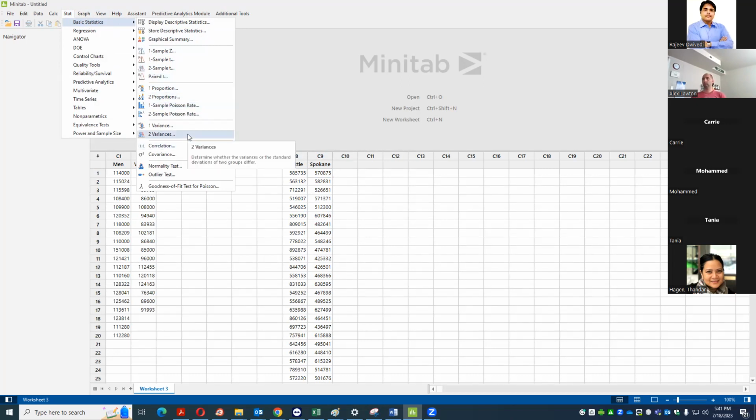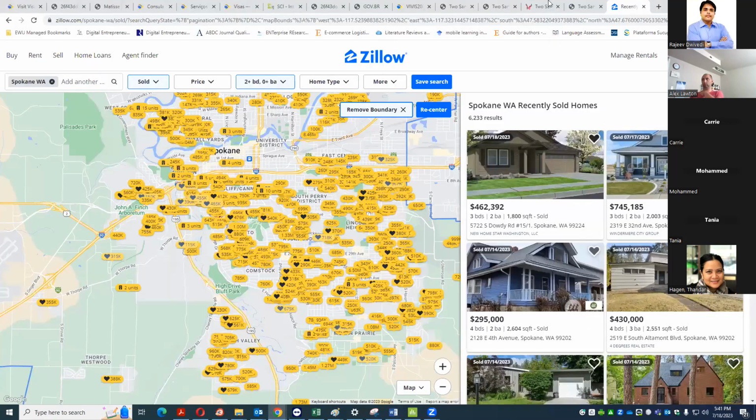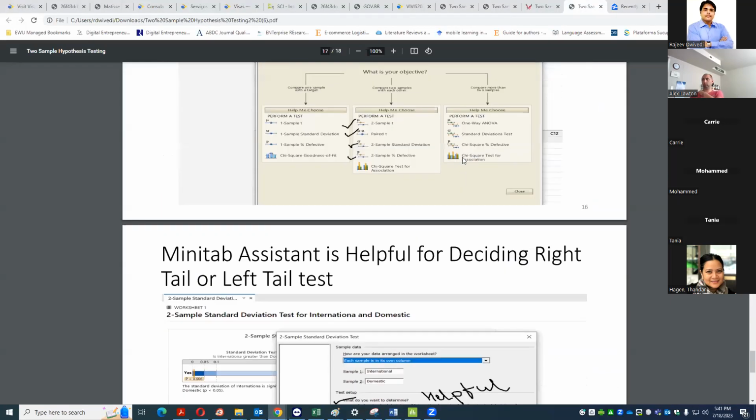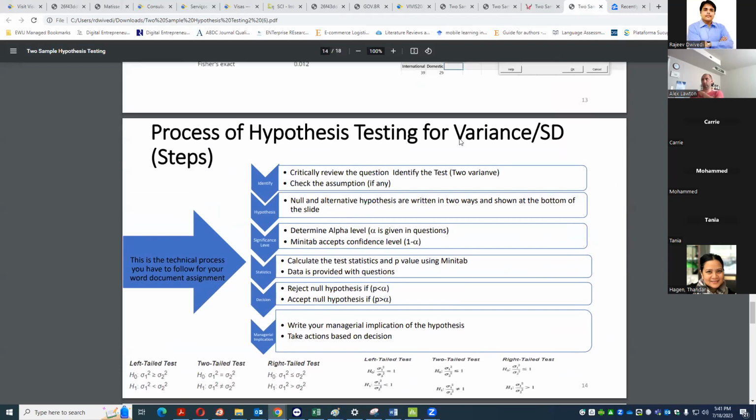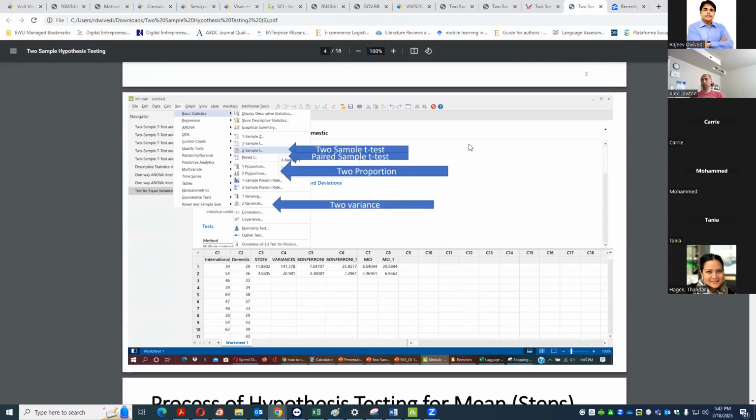So these are the four options we are going to use in this module. Again, I clearly explain here too. You can see under this PDF what options we are going to use: two sample, paired sample, two proportion, two variances.